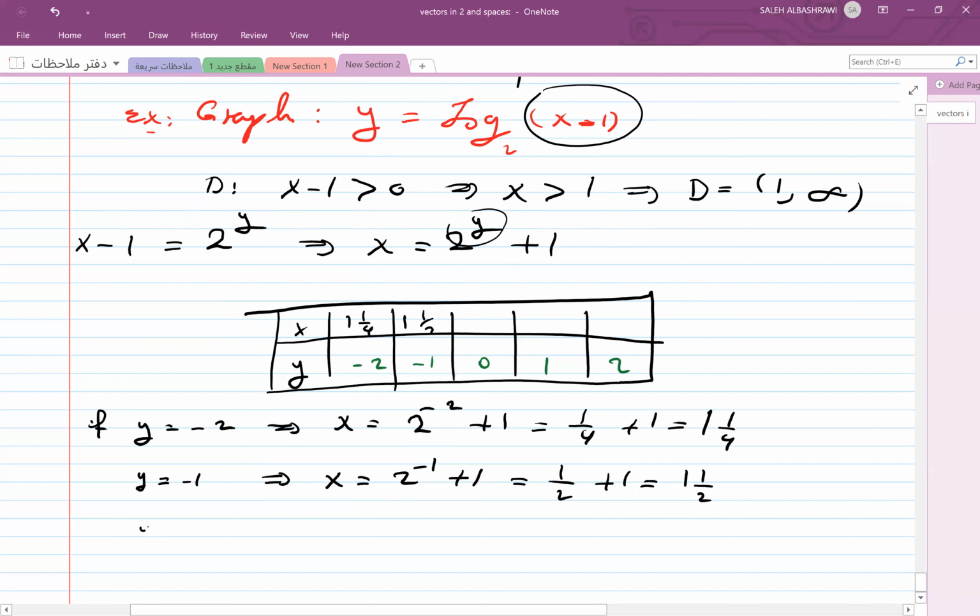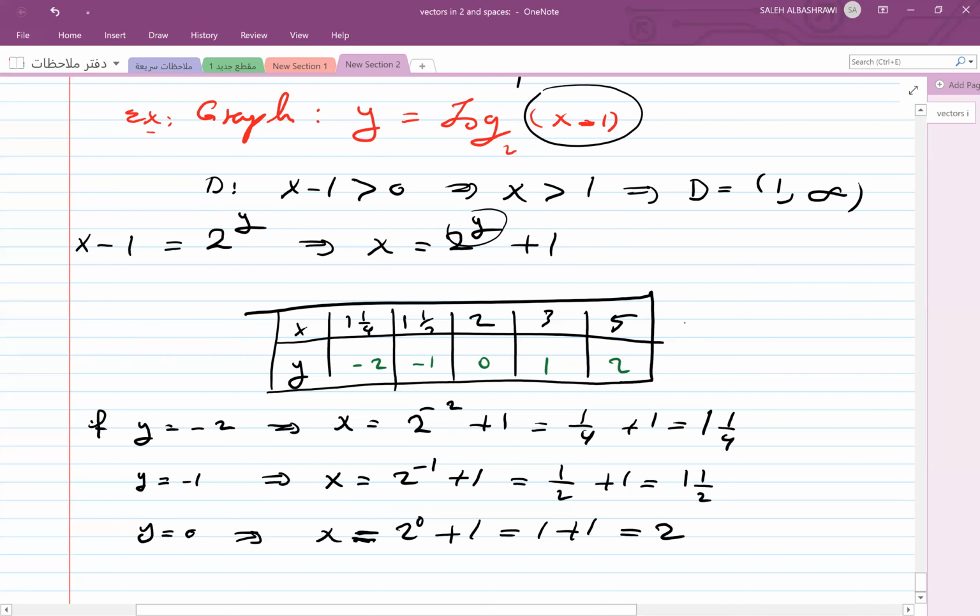If y equal to 0, then x will be 2 to the power 0 plus 1, which is equal to 1 plus 1. That will be 2. If y equal to 1, it will be 2 to the power 1 plus 1. I will have a 3, and if it is 2, I will get 5.